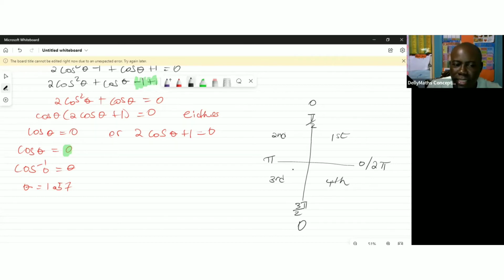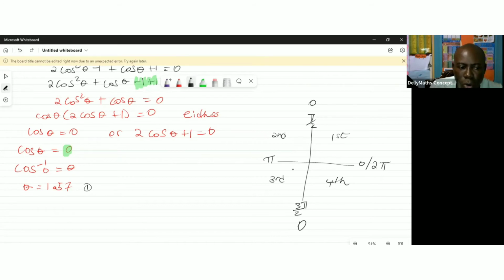The second value, as we move from 0 all the way around to 2 pi, we're going to capture another angle there. So we're going to be adding pi to this.